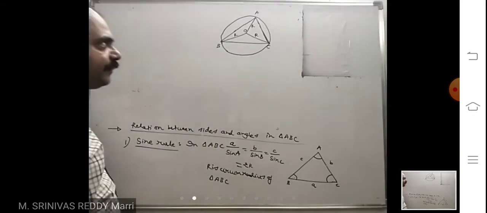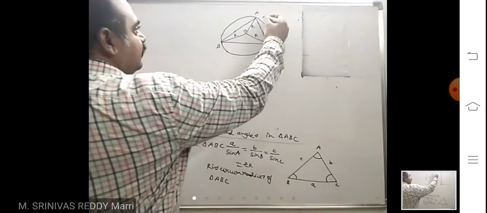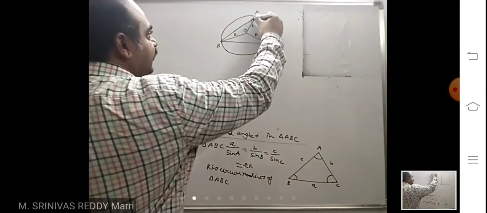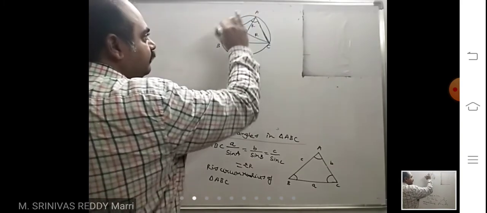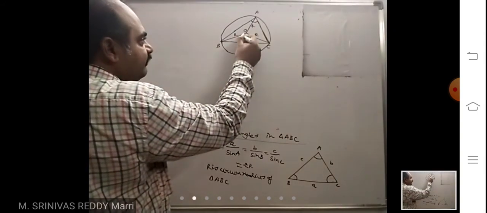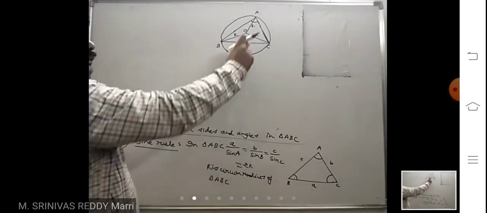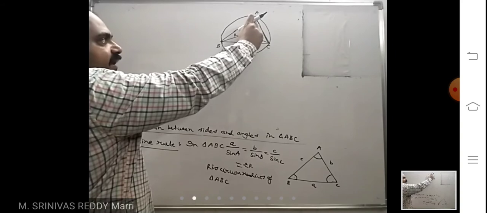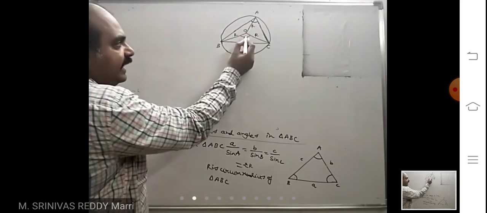Now by geometric property, listen all of you, look at this angle, this is angle A. So angle on the major arc: if this is angle A, then the angle at the center will be double, 2A. This is chord. If angle on the major arc is A, then angle at the center is 2A.